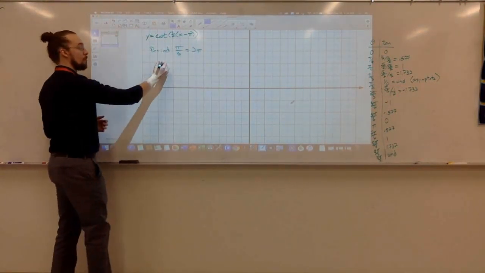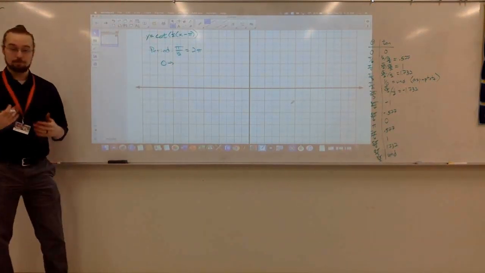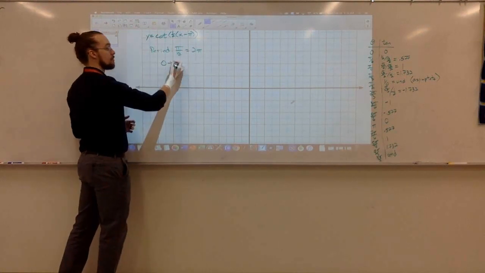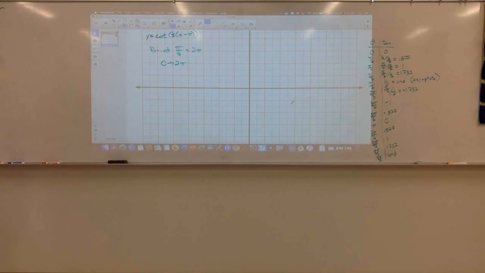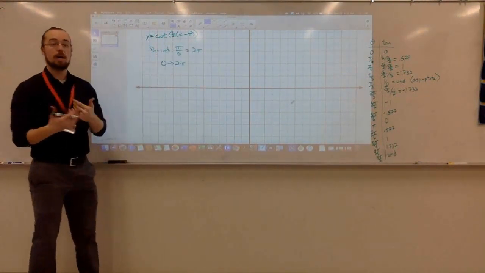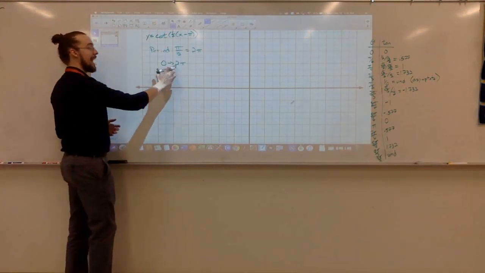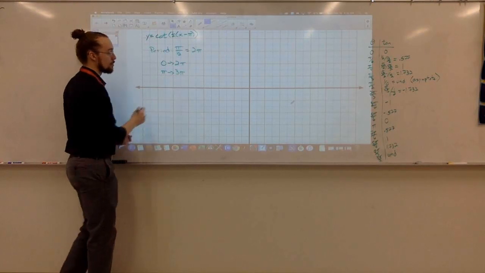So normally, our period would go from 0 to pi. In this case, it's a length of 2 pi. So it's going to go from 0 to 2 pi. But I'm shifting to the right pi. So that means I'm going to add pi to my starting and ending values.